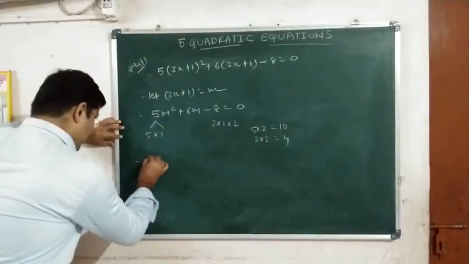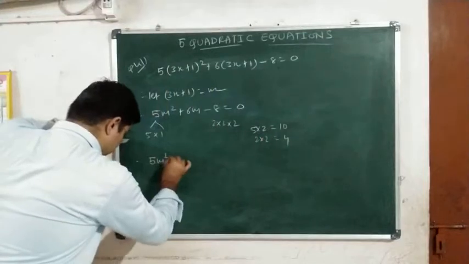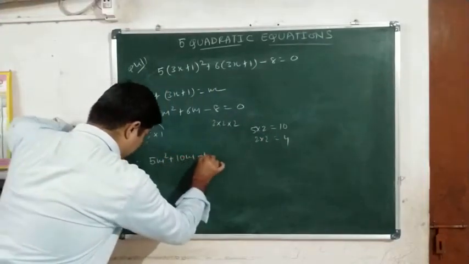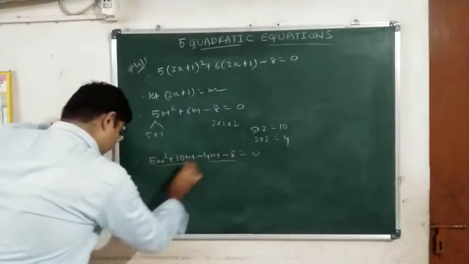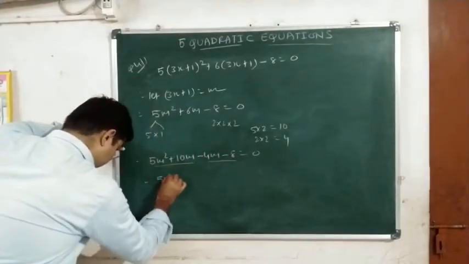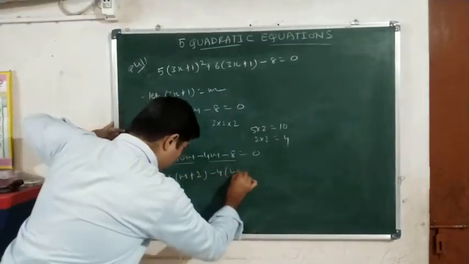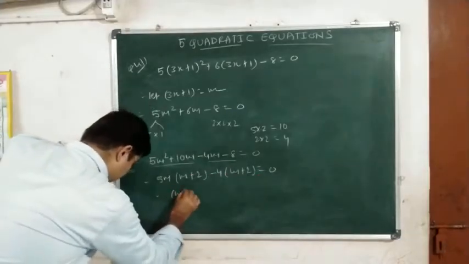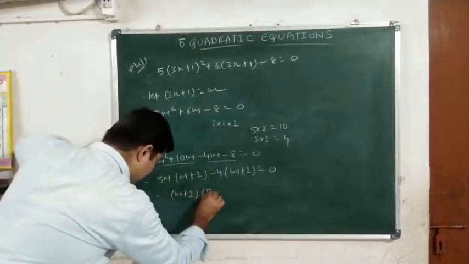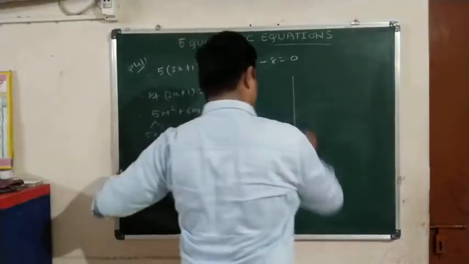So 5m square plus 10m minus 4m minus 8 is equal to 0. Let us take 5m common, m plus 2, minus 4 common. Therefore m plus 2 into 5m minus 4 is equal to 0.